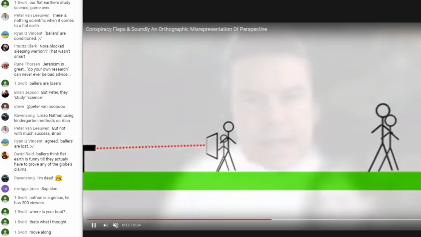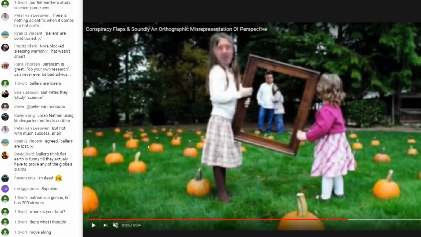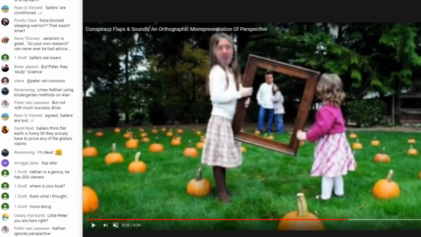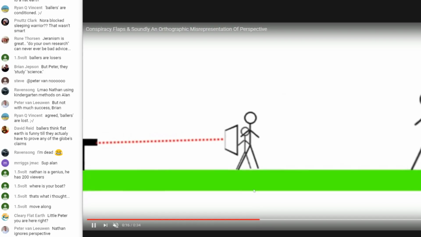However, when you actually put that into a perspective view, you can see that the thing that's further away is actually smaller because of perspective, making this representation very inaccurate, and a way that we would assert globe heads misrepresent the actual picture that we analyse.